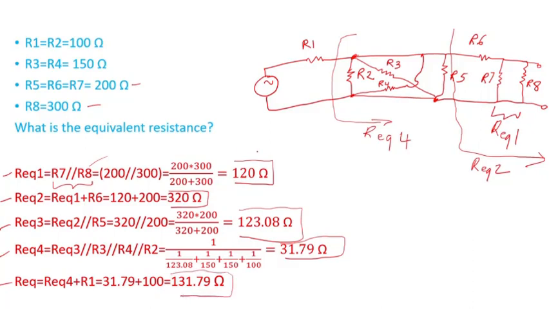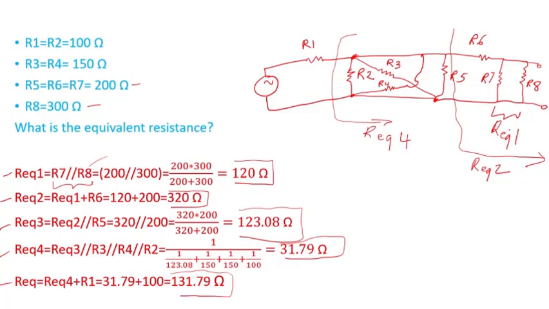So the technique or strategy followed in solving this problem is basically, I started from the right, and I was recognizing, in this example, R7 is in parallel with R8. So I found their equivalent.